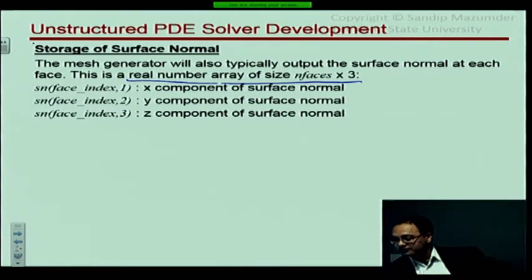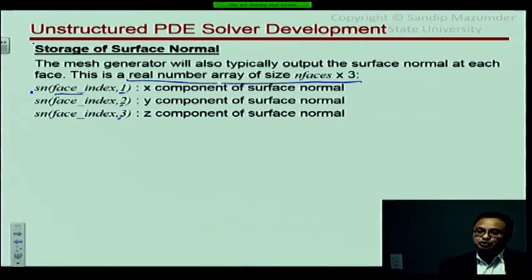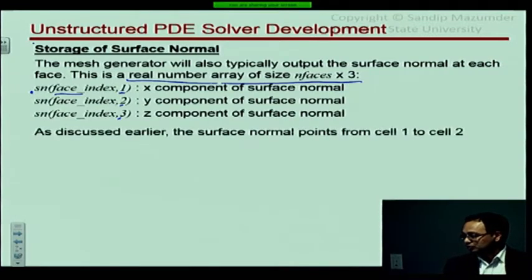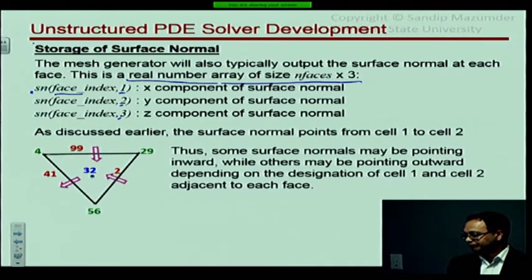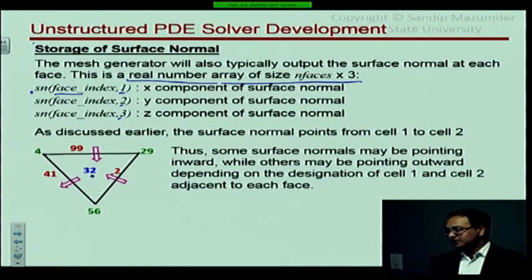So for the surface normal, you give it a face index and then components 1, 2, and 3 store the 3 components. If it's a 2D mesh, it will just store 2. It's pointed from cell 1 to cell 2. So some surface normals may be pointing inwards, some may be pointing outwards, depending on what the mesh generator has assigned as cells 1 and 2.